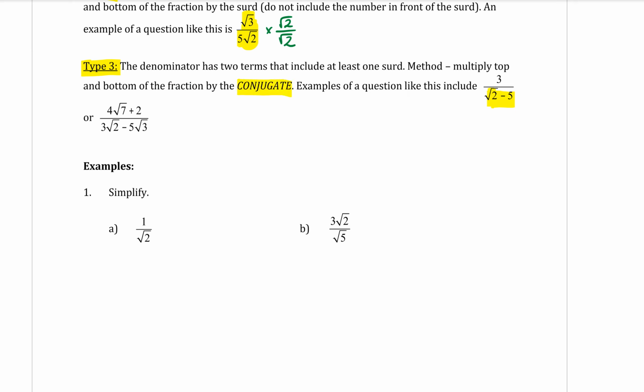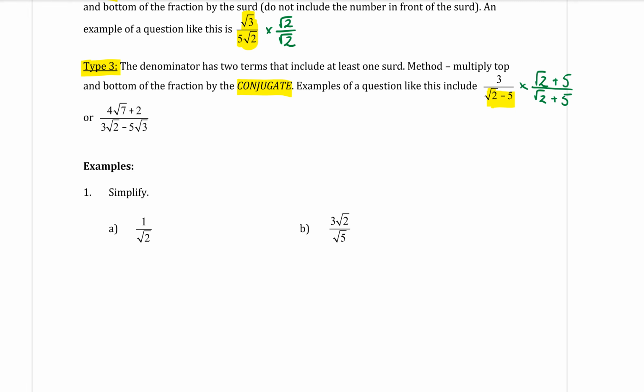Okay, so remember the conjugate is exactly what's on the bottom, but with the opposite sign. So for this first example over here, the 3 over root 2 minus 5, I multiply by the root 2 plus 5 over root 2 plus 5. I'm just changing the middle sign.